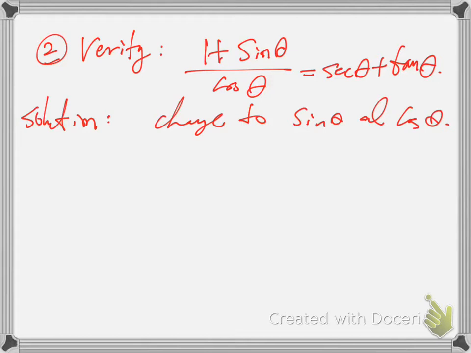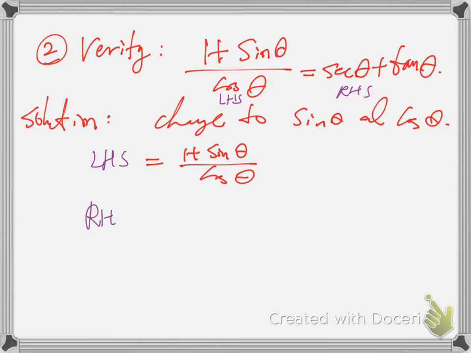This is the left hand side, and that's the right hand side. First the left hand side, which is 1 plus sine theta over cosine theta. There are no other trig functions, so we don't need to change that.